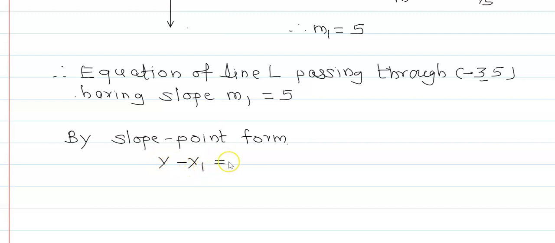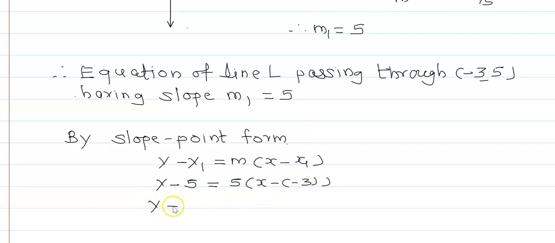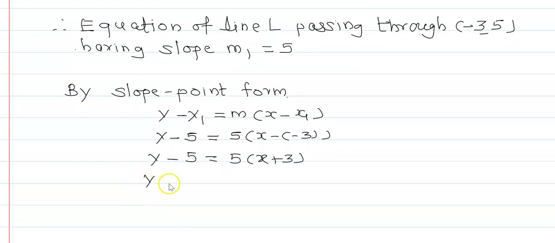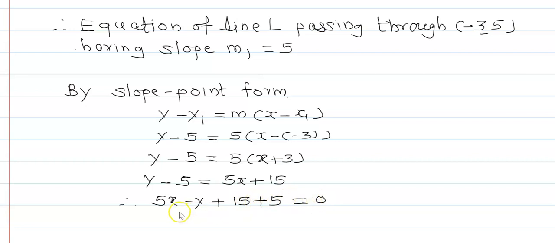y minus y1 is equal to m times (x minus x1). y minus 5, the value of m is 5, times (x minus (minus 3)). y minus 5 equals 5 times (x plus 3), and here y minus 5 is equal to 5x plus 15, 5 into 3 is 15, and therefore the equation is 5x minus y plus 15 plus 5 is equal to 0.